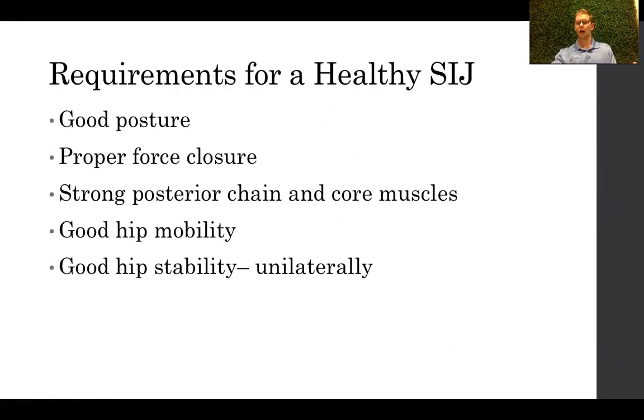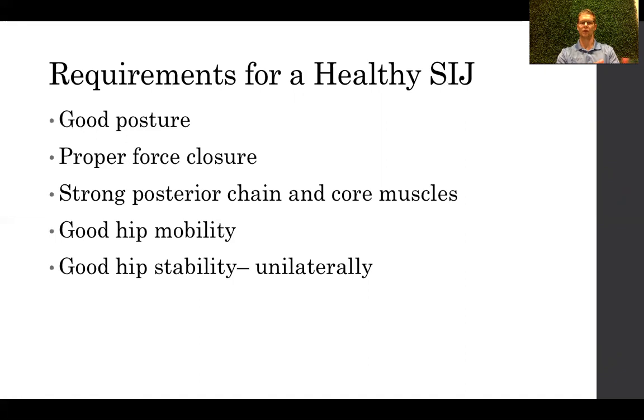What are some requirements for a healthy SI joint? Good posture, and that has been debated in the literature. But we know that going into a significantly increased lumbar lordosis is going to change the position of the SI joint. Whether or not that can long-term affect the health of the SI joint, we don't really know. We can't confidently say that.